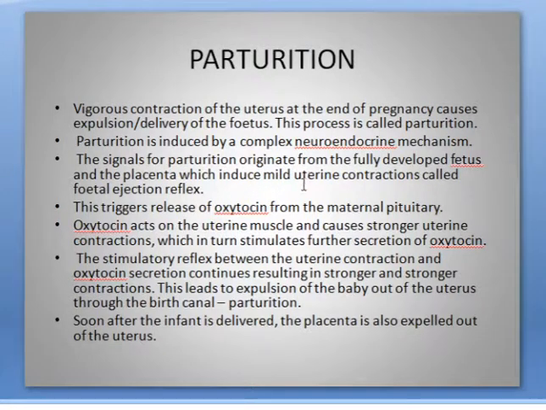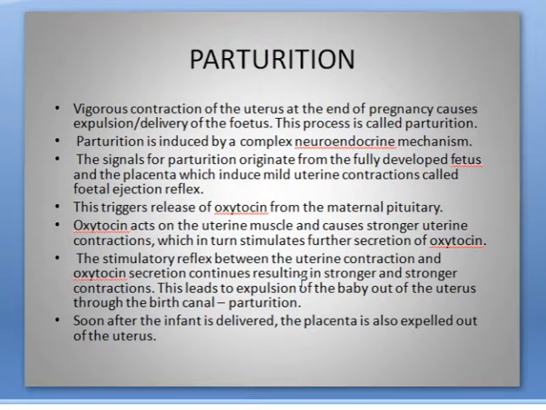Then the brain triggers the release of oxytocin. This is the hormone, the endocrine part. So oxytocin will then stimulate the uterine muscles to contract. This contraction will further stimulate more secretion of oxytocin. So this cycle will continue as the contraction becomes stronger and stronger.